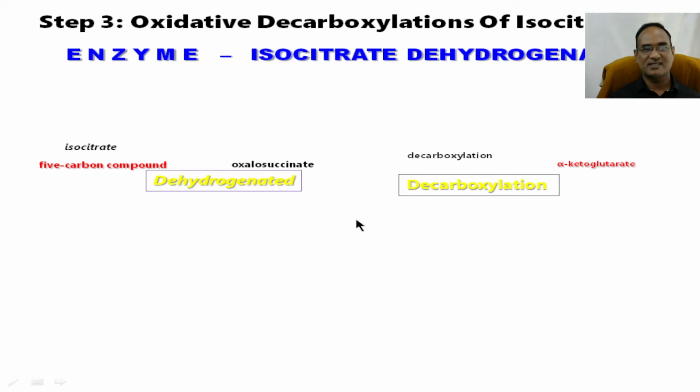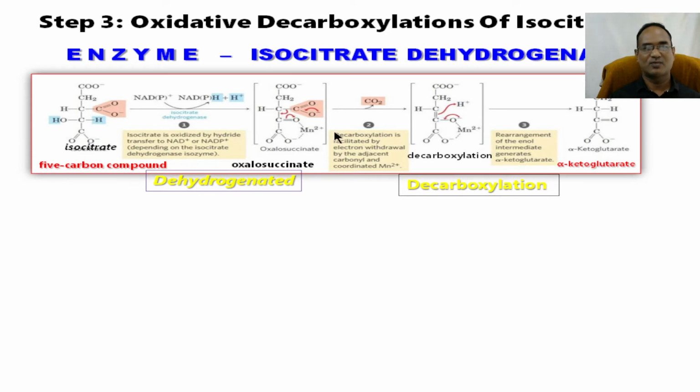Okay, the third phase is very simple. There are two processes: dehydrogenation and decarboxylation. Dehydrogenation means we are going to remove one hydrogen, and decarboxylation removes carbon dioxide. So let us discuss. A 5 carbon compound is formed from a 6 carbon compound.